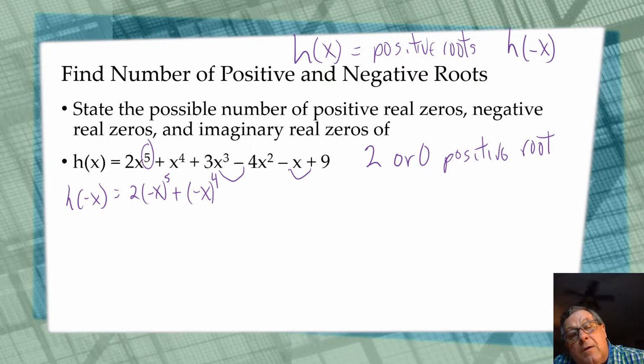But what if I raised the sign to an even power? In other words, I've got an even power such as negative x to the 4th. Well, the sign's not going to change. Because what's negative 2 to the 4th? Negative 2 to the 4th is going to be positive 16. Negative 2 times negative 2 is positive 4.